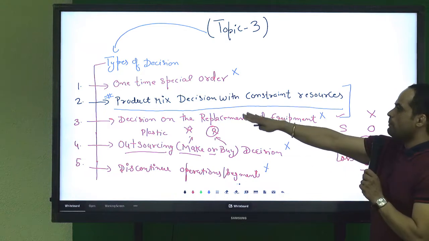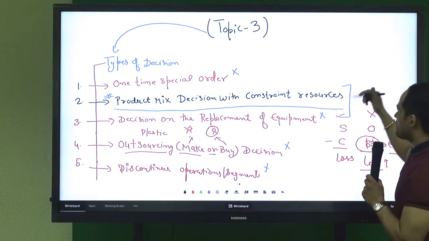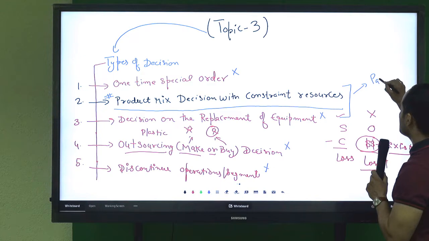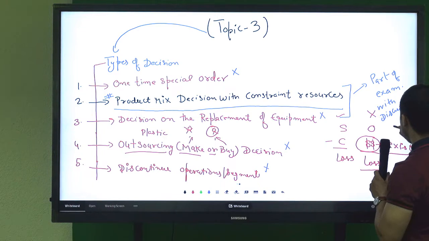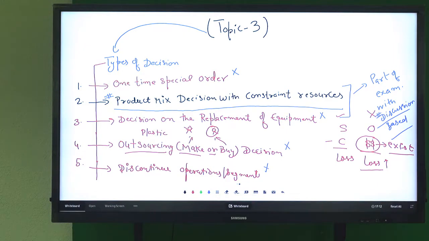Only questions for product mix decision with constraint resources. That is your part of the exam with discussion. But the discussion based part is going to be minor. All right? So that will be part of your exam. So you don't have to learn the other 4 calculations in more depth.